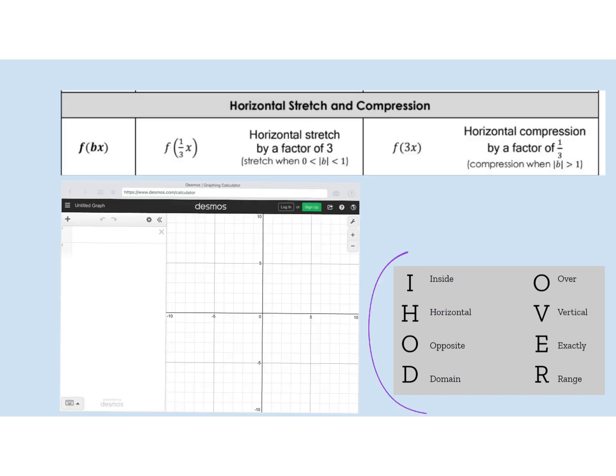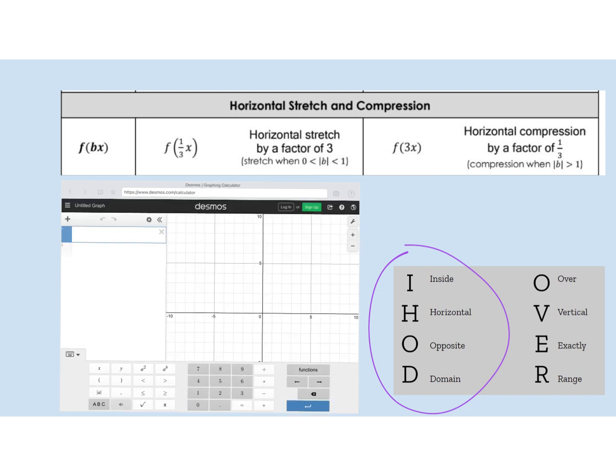Now let's look at these horizontal changes. Here we have y equals x squared as our parent function. And then we're going to have y equals 1/3 x, with the x squared inside with it.